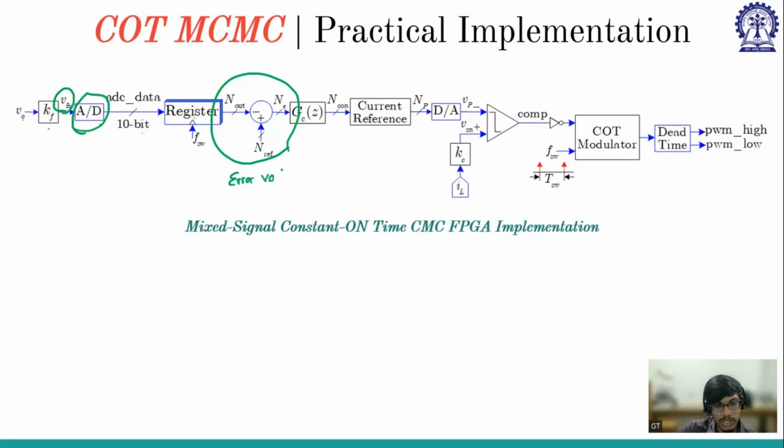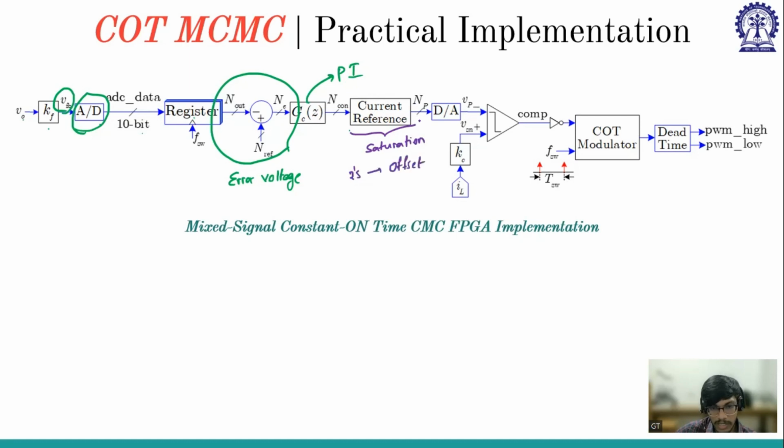So the error voltage will then go to our PI controller. This will give the current reference, and then, as we have discussed in current mode control, we had some current reference block to put saturation and also change the format from 2's complement to offset binary. So this is that block.